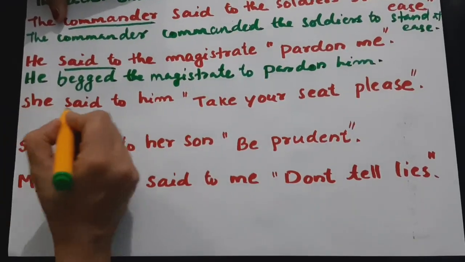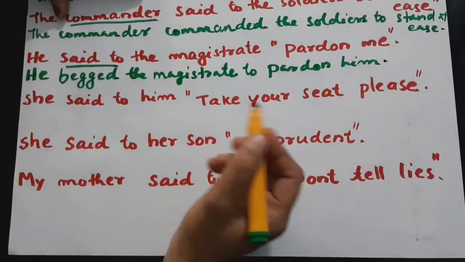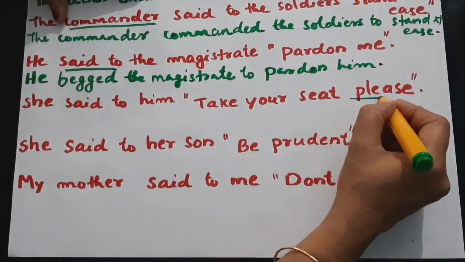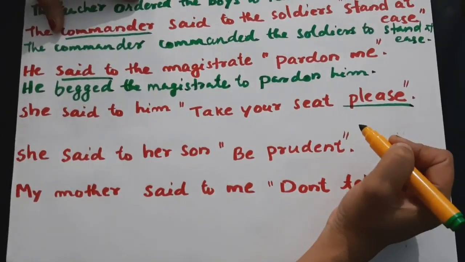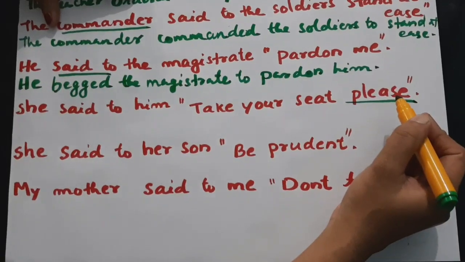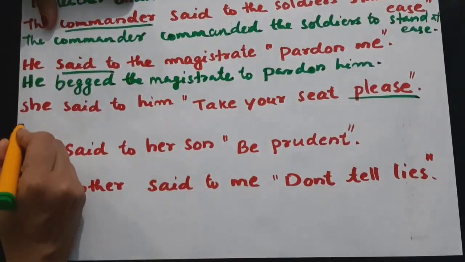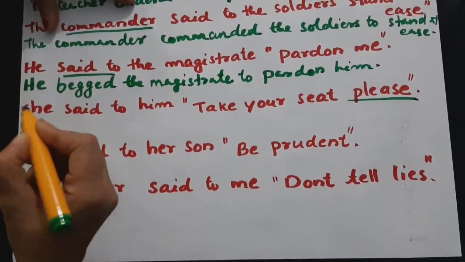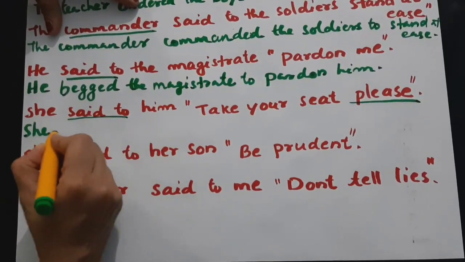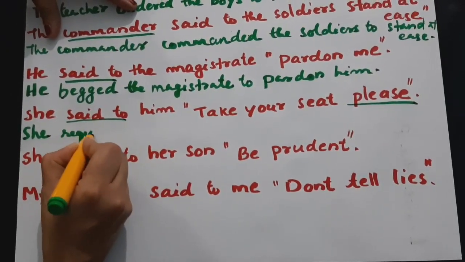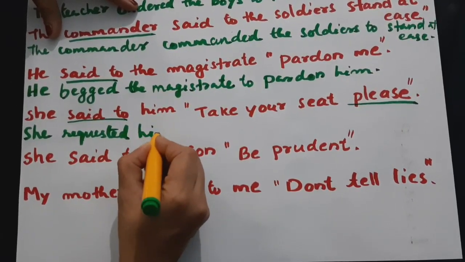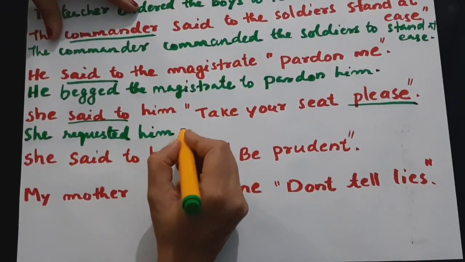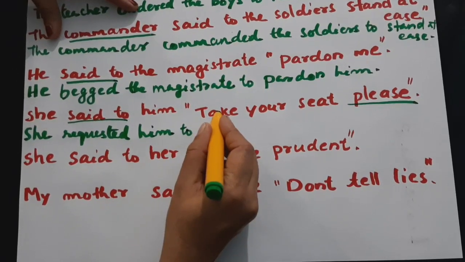Next one. She said to him, take your seat, please. This term, please, itself just reveals that the sentence is in the tone of a request. So, how do you write? She, instead of said to, you can use requested. She requested him. Next, what do you need to use? To before the verb.